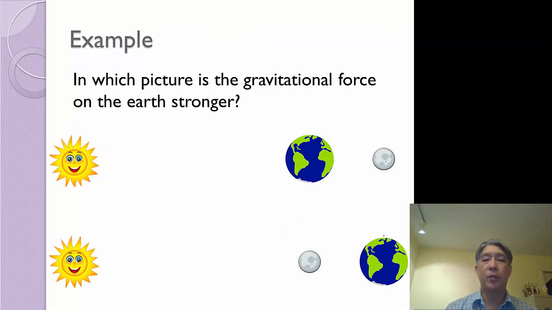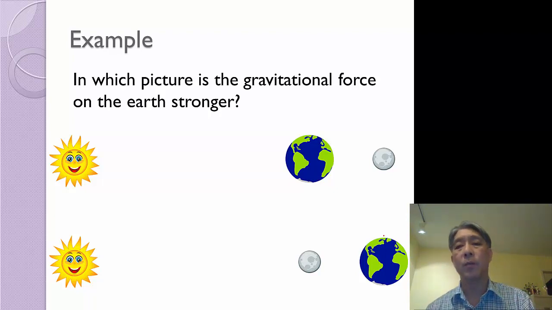Okay, here's another example. I have two different pictures, one where the Earth is between the Sun and the Moon, and another one where the Moon is between the Sun and the Earth. This is actually the position defined by spring tides, where the tides are going to be the greatest. Remember, the reason we have tides is because the Moon attracts the water.